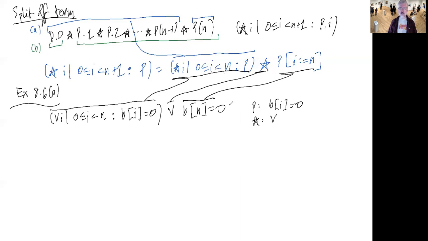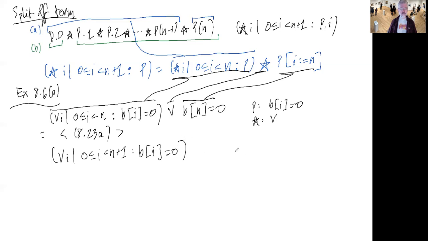So we can take all of this and rewrite it to the other side using 8.23a, and we get or over i, 0 at most i less than n plus 1, where P is b of i is 0.